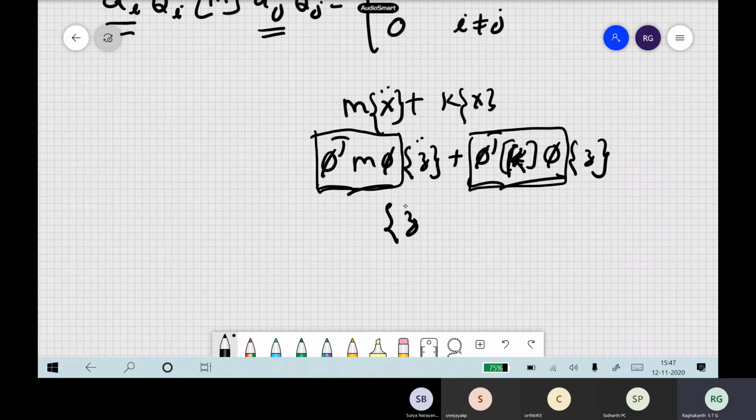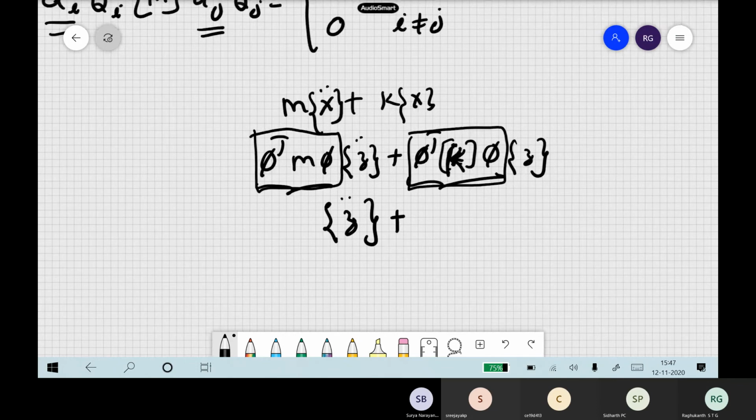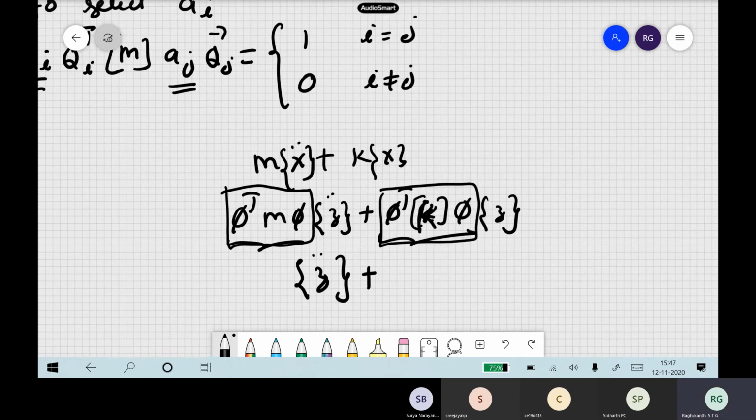So that I will have an equation z double dot. And what should be phi transpose k phi? Do you want it to be identity, or what do you want it to be? So what is the single degree of freedom system equation? See, we write like this, no? How do we write this expression? X double dot plus omega n square.